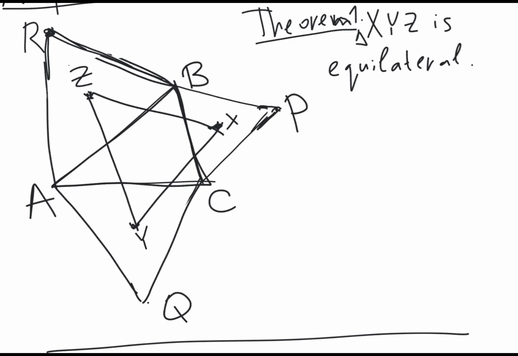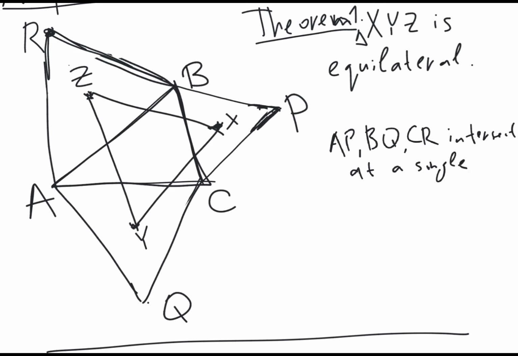There what we proved is that the lines AP, BQ and CR intersect at a single point, which is called the first Fermat-Torricelli point.